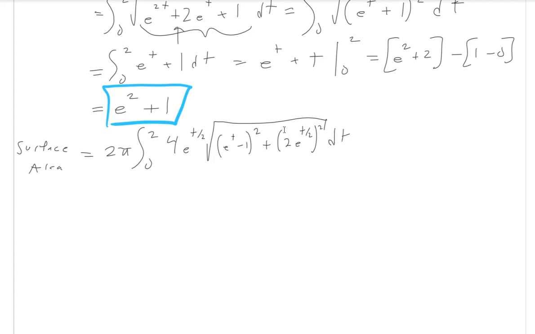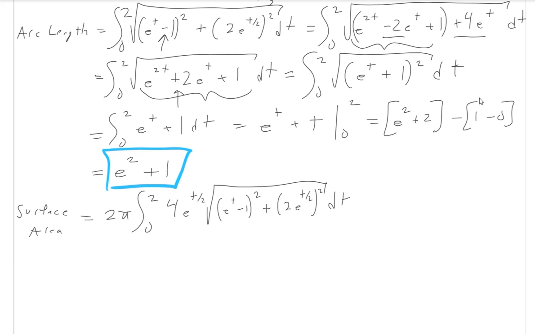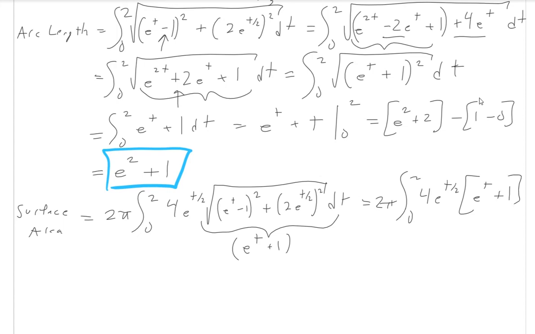Now the benefit of what we just did is we know that this is going to equal e^t + 1. We just did that square root in the previous problem. So this is 2 pi from 0 to 2 of 4e^(t/2) times (e^t + 1) dt, which looks a lot more like the area formula that we did earlier.